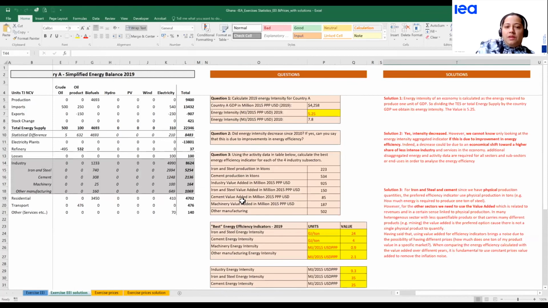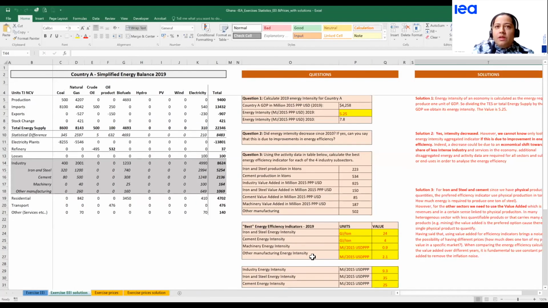So that was the exercise on energy efficiency. So here you are provided with a table on country A, simplified energy balance, where you have information by fuel and by flows in terajoule net calorific values. And you have a few questions to answer.